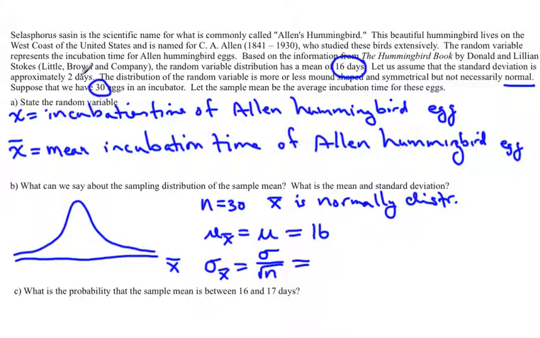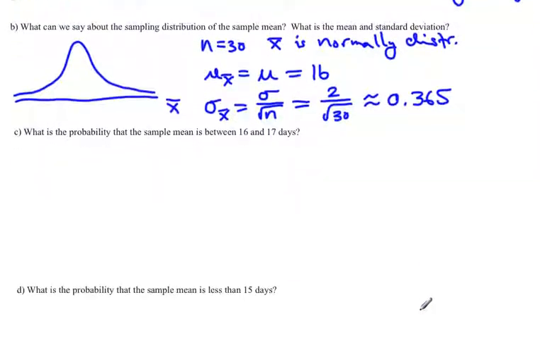So we are told that the standard deviation is 2 days, and our sample size we already said was 30. So this is approximately 0.365.